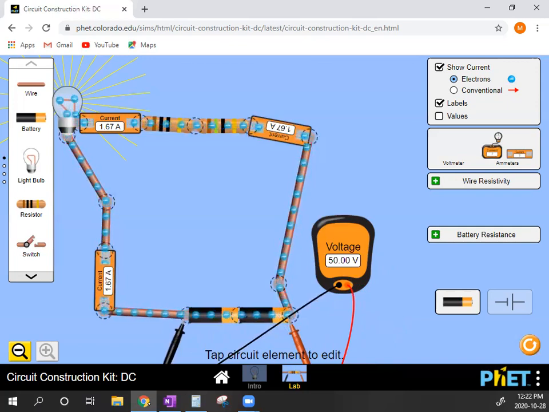So let's say I have a set of batteries and I need more voltage. Well, I can connect them together in series to increase the voltage, right? So when you connect them in series to get more voltage, what you're doing is increasing your energy per unit charge.